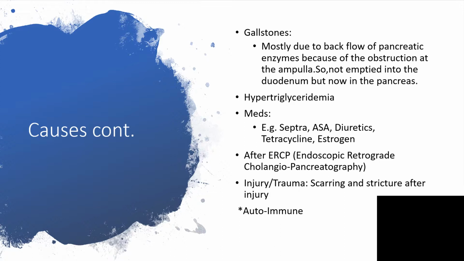So the simple meaning of autoimmune here is that your normal body fighters are now fighting the normal structures. So in this case, the pancreas is being attacked by the body's immune system itself. That's why we call it auto. So within the same system, an autoimmune condition could also cause acute pancreatitis.